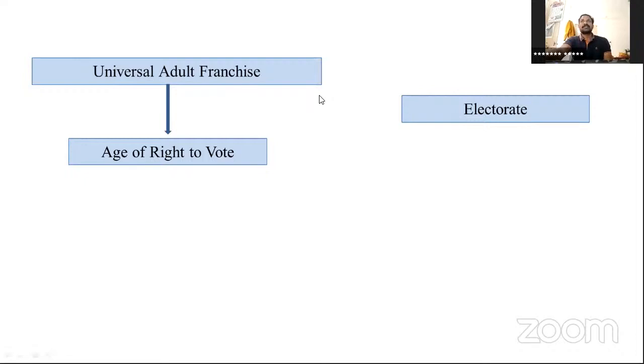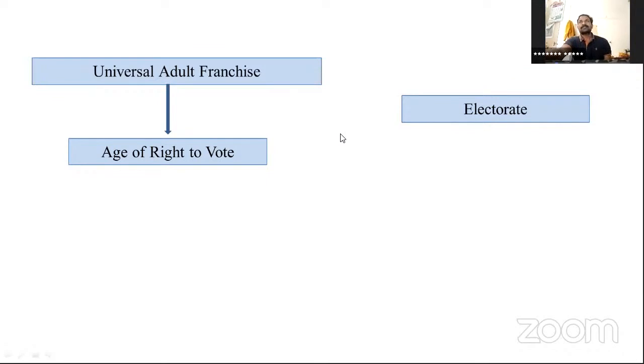There is no discrimination in granting the right to vote, for example on caste, region, gender, poor or rich, and race, whatever it is. That is known as universal adult franchise.